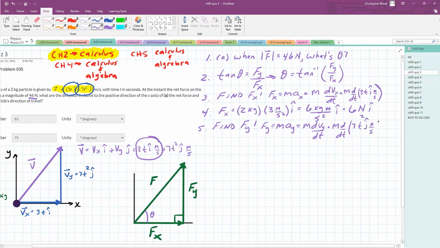And now this will be different because this result is Fy equals mass times the derivative of Vy. Once again, this is my Vy expression right here. If I take that time derivative, it's 14t j hat meters per second.